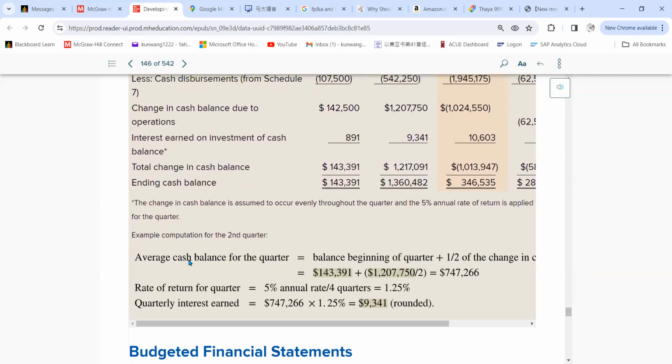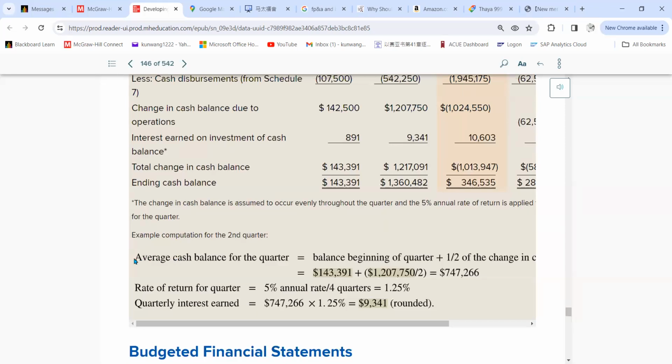For this music company they use this formula, but for your own company, you can use your own average cash balance calculation, because this is a budget, not actual transactions. We are making the best prediction, so you are flexible to use whatever quantitative method to come up with your calculations.